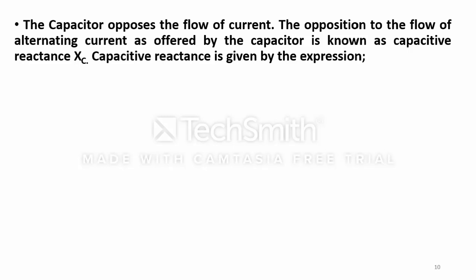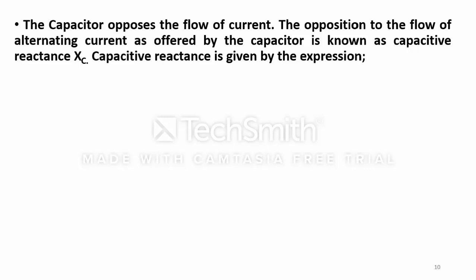If I use an inductor to connect in a circuit, the opposition offered to that alternating current as a result of the inductor being connected is referred to as inductive reactance.